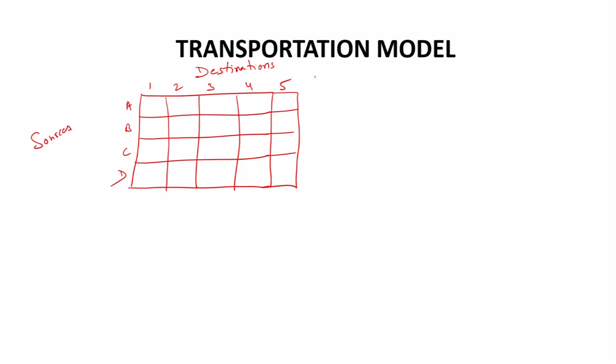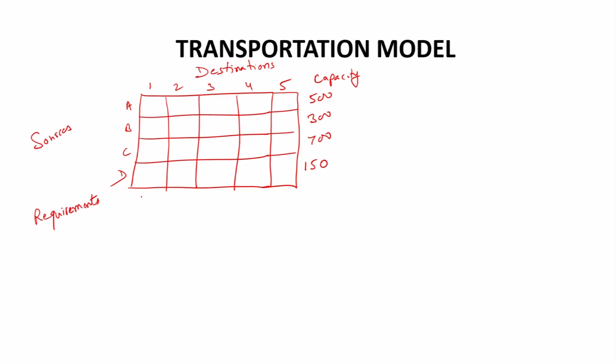Each source has a certain capacity to produce. Let us say source A has a capacity of 500 units, source B 300 units, source C 700 units, and source D 150 units. Similarly, each destination has a certain requirement.